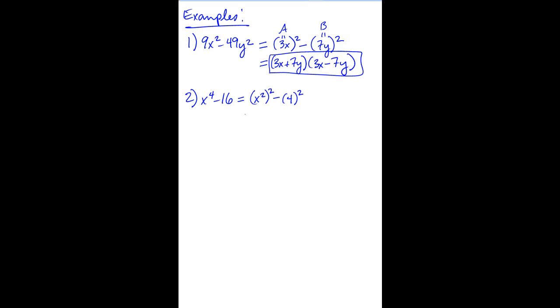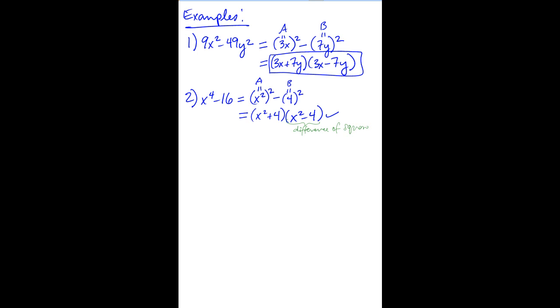So we can rewrite this so that our a here is x squared and our b here is 4. So we could rewrite this as x squared plus 4 times x squared minus 4. In fact, you may notice something at this step. This is a correct factoring. This is good so far. But notice we have something that we could factor even further. Notice this is also a difference of squares.